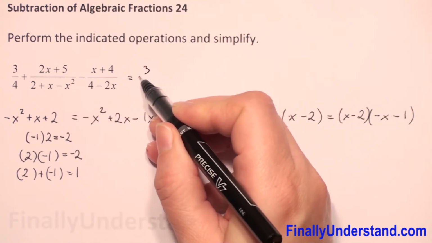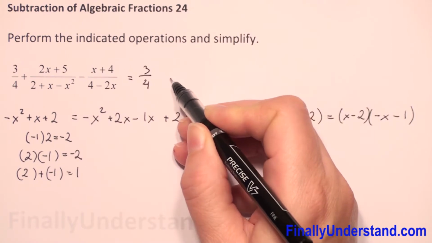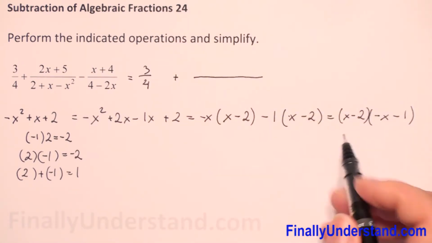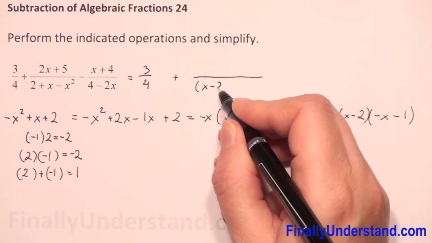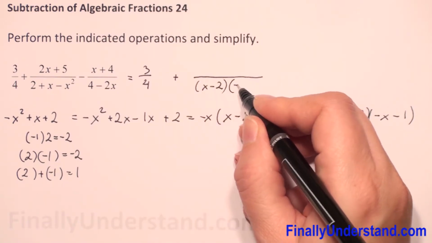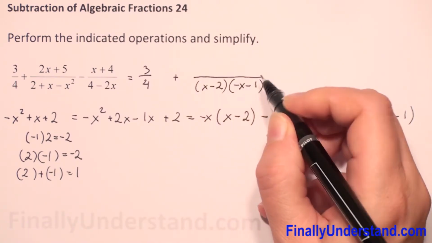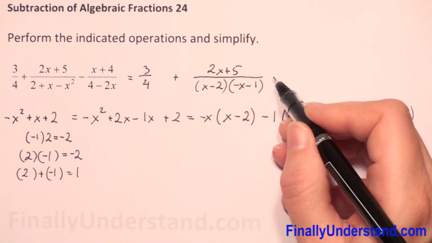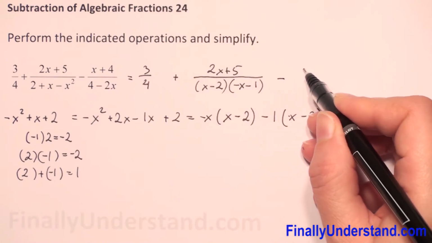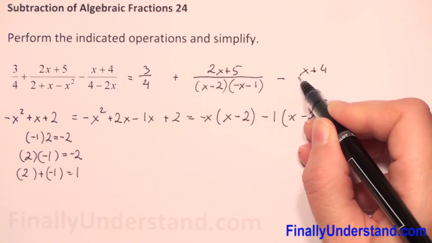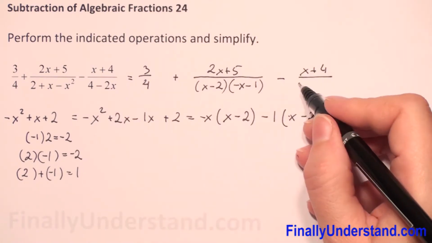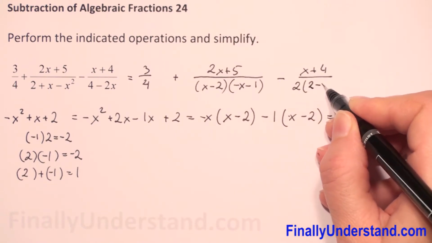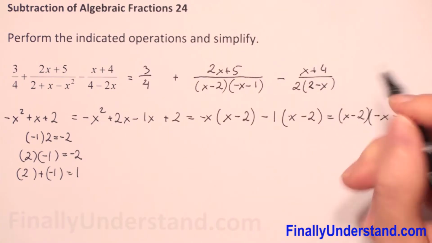The first we will copy, 3 over 4. We have plus, and we will have in the denominator x minus 2 times negative x negative 1, and numerator 2x plus 5 we have to copy, and minus we have x plus 4, and when I factorize 2 we will have 2 minus x in the denominator.